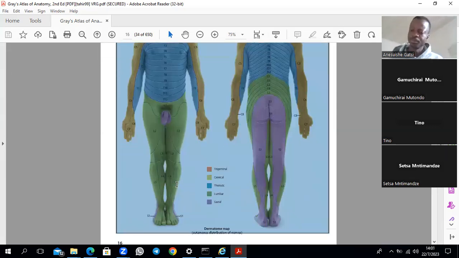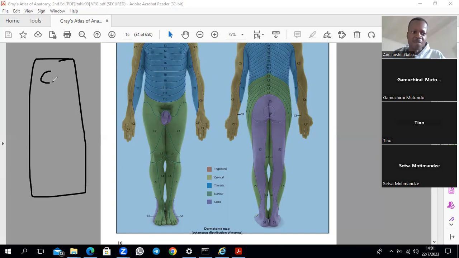I think it helps to know which region is supplied by which nerve and which nerve is damaged. I think so. So what you can simply do: the spinal cord, remember, is cervical, thoracic, lumbar, sacral, coccygeal. So for you not to introduce bias, let me draw here.